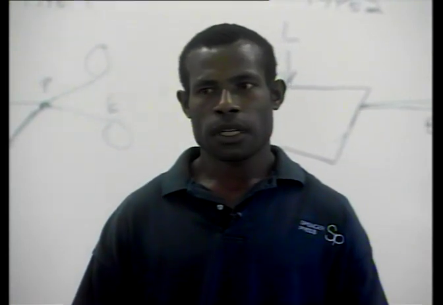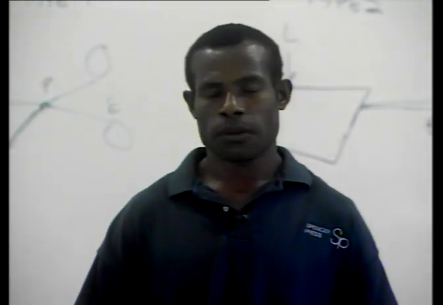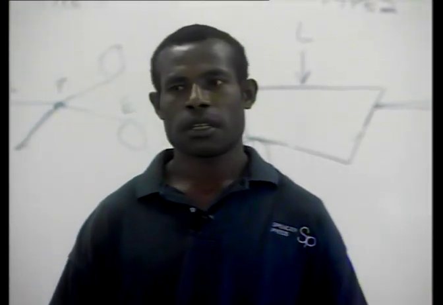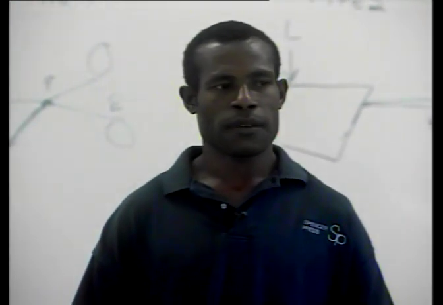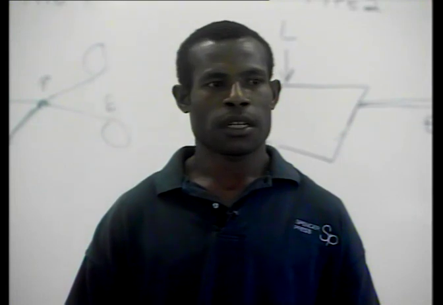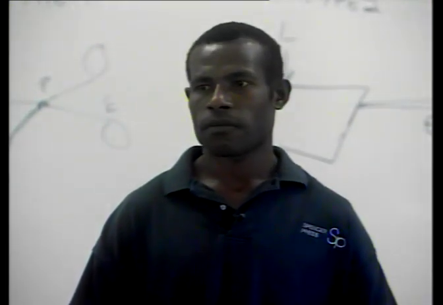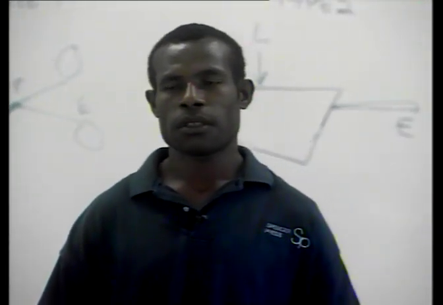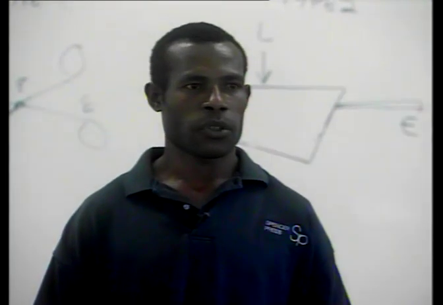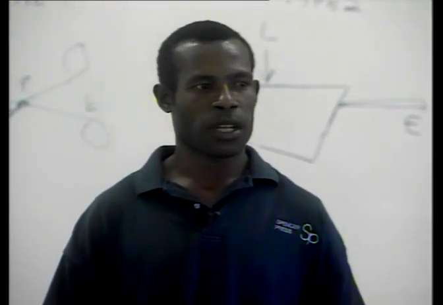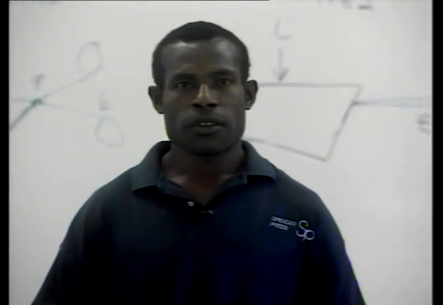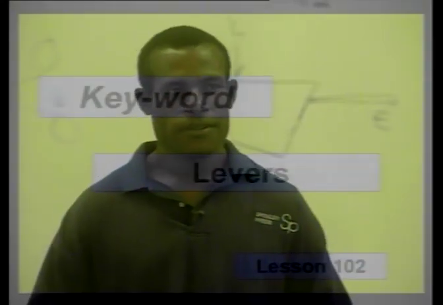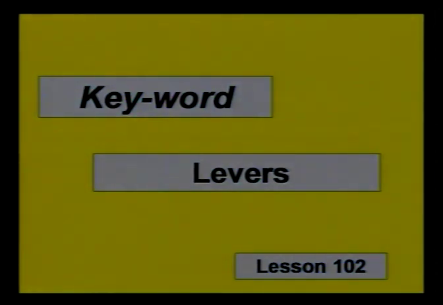Type 2 has the load in the middle, and the fulcrum at the end. And type 3 has the fulcrum at the end, and the effort in the middle. Those are the classifications of the levers. And levers, as you have seen, are machines that help you modify the force, or in other words, magnify it to a much larger force so that you can get the work done. All right, so our keyword is simply levers.